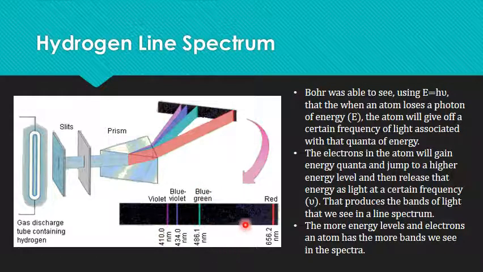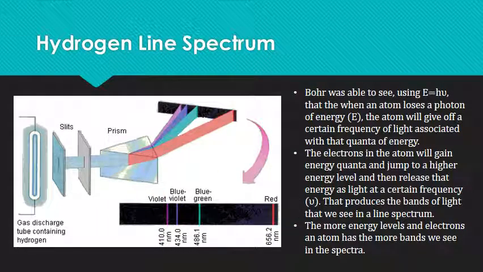So we get these line spectra. The more energy levels an atom has, and the more electrons it has, the more variety in these colors we can get. So each element has its very own signature line spectra.